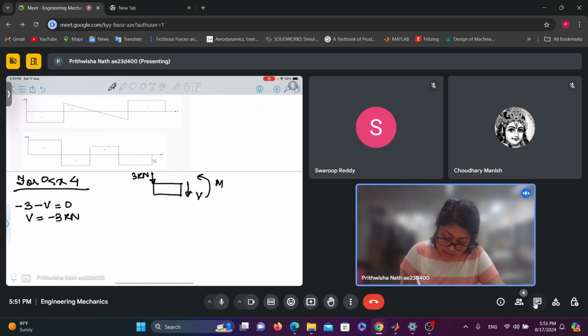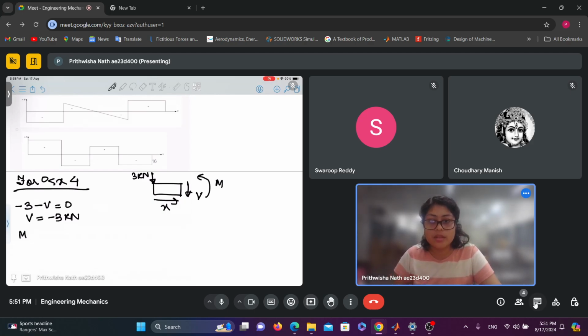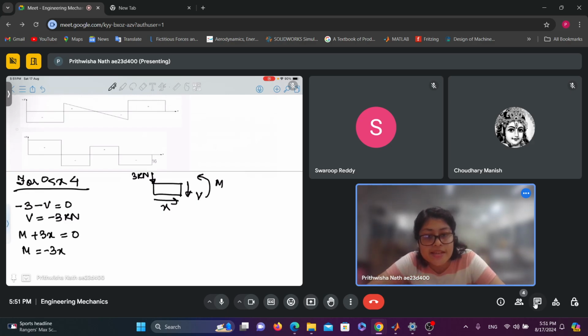And for the moment, M is causing an anti-clockwise moment, right? And 3 is also causing an anti-clockwise moment. So M equals minus 3x. Is this clear to you now? Is there any confusion regarding how I am writing this equation? You can tell me if you have any doubt.